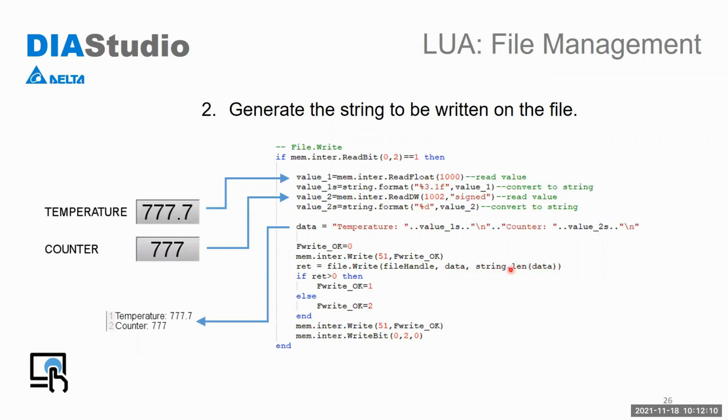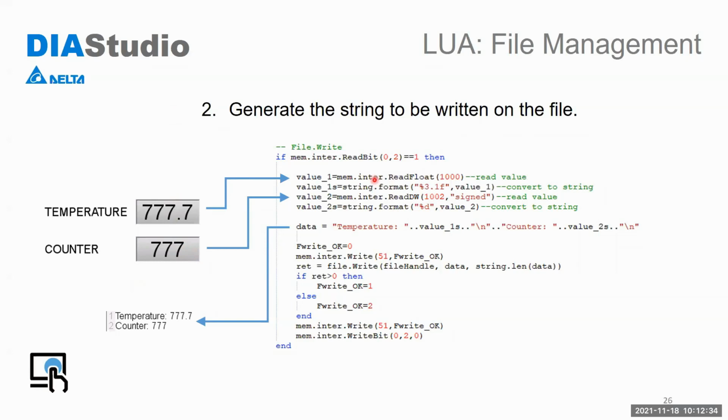And before I use this file.write, I need to cook that data. As you see, the values I have here are numerical integers, but I need to convert them to a string. So firstly, how will I cook this data?